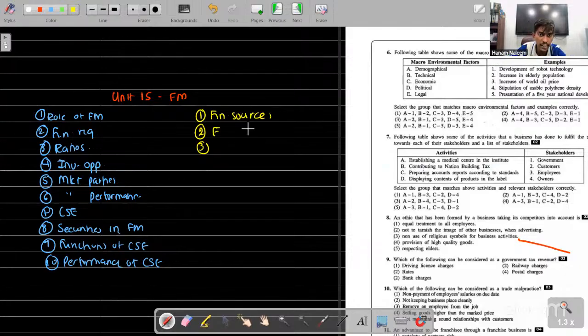Secondly, financial markets, where we'll be talking about the stock market, capital market, money market, all the market related things. And finally, the last subtopic is financial ratios. If you categorize the chapter into these three subtopics, it would be easier for you.